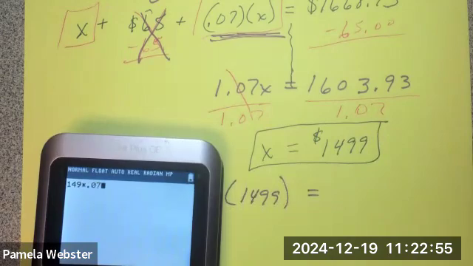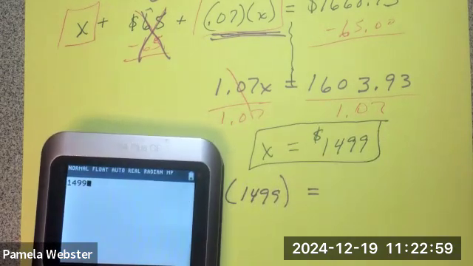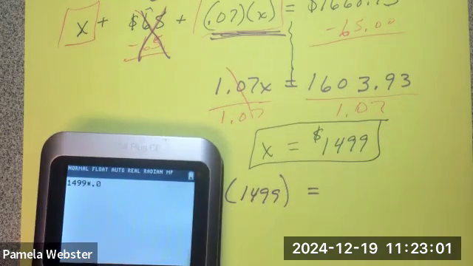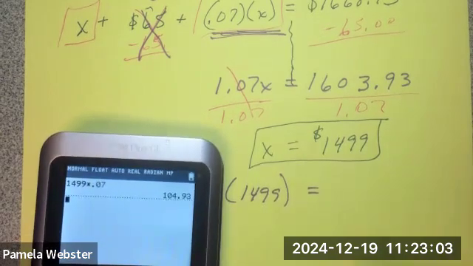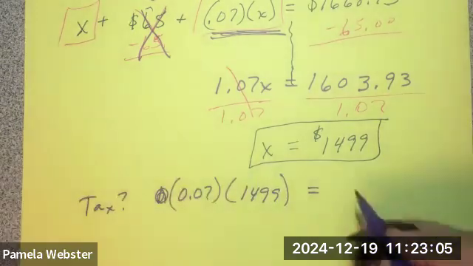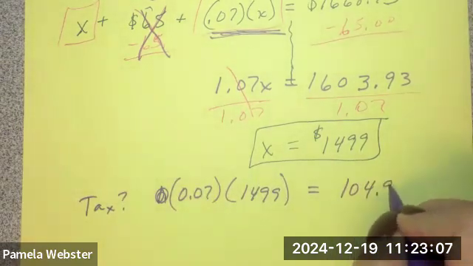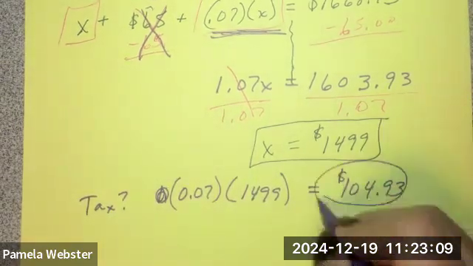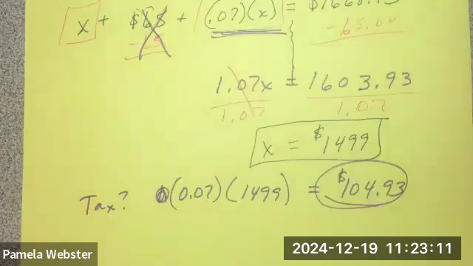$14.99 times 0.07. Oops, that's not right. $14.99 times 0.07. Be careful with it. $104.93. So the tax you were paying is $104.93.